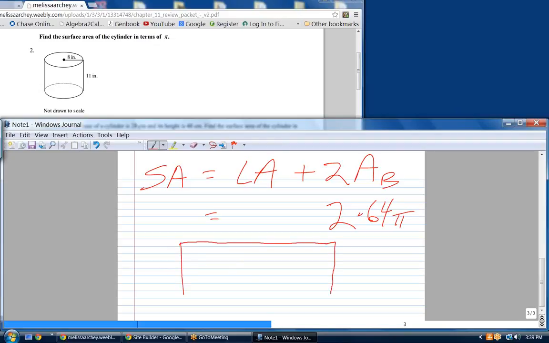That label would unfold as a rectangle. What's the height of my rectangle? The height is 11. Okay, what's the length? What's the width of it from here to here? Is that 16 then? No. What is it? I want you to think about it for a second.